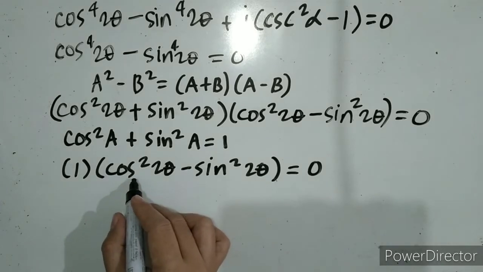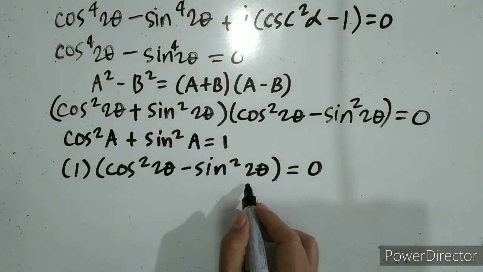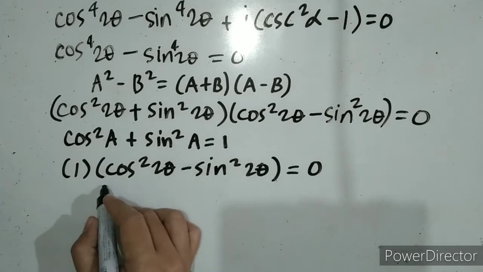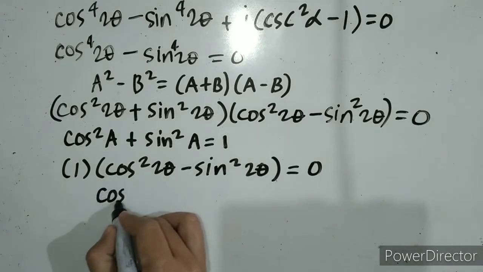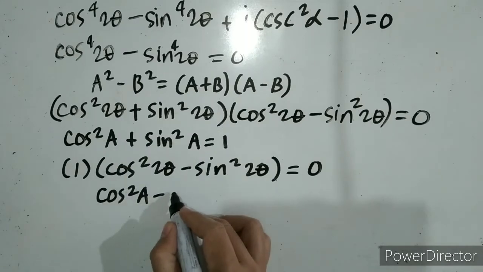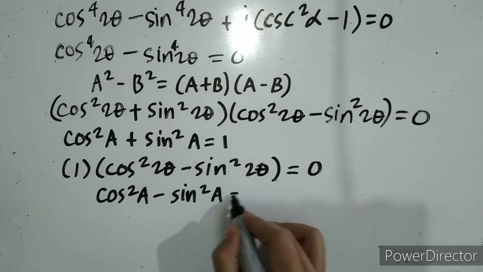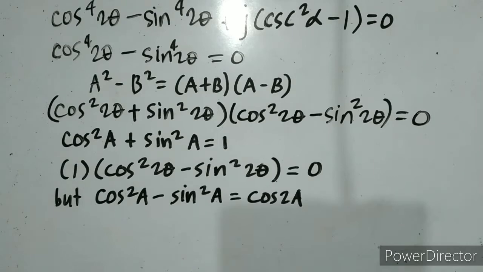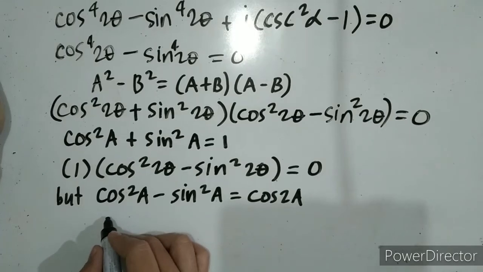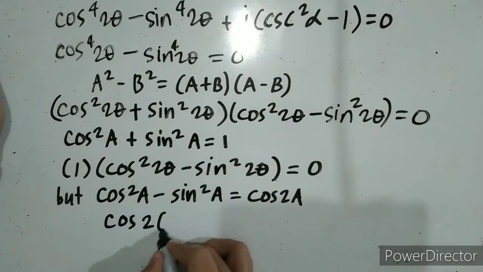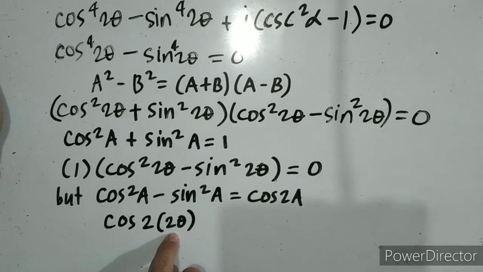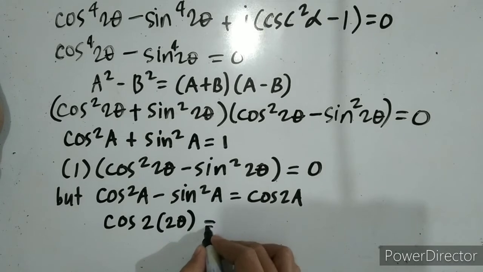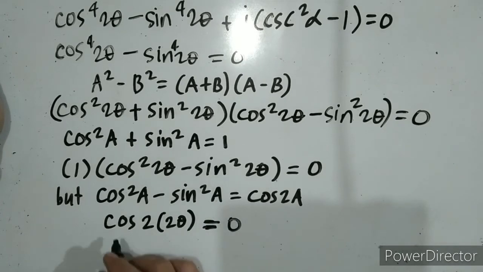Remember that this has an identity, the double angle identity of cosine, where cosine squared A minus sine squared A is equal to cosine 2A. So this is equal to cosine of 2 theta times 2, where A is 2 theta, and this whole expression is equal to 0.